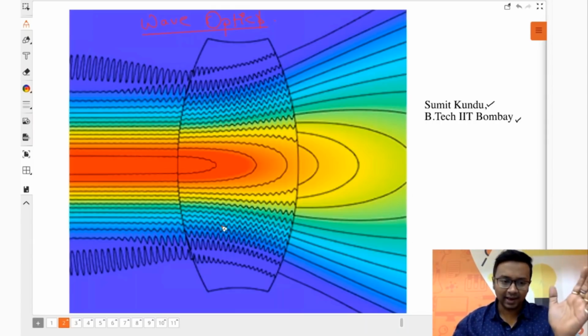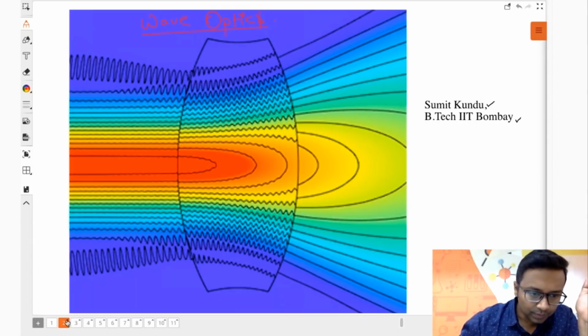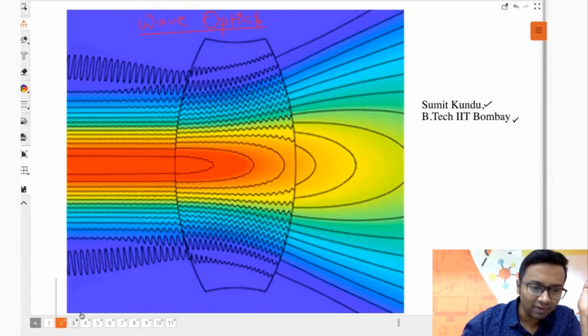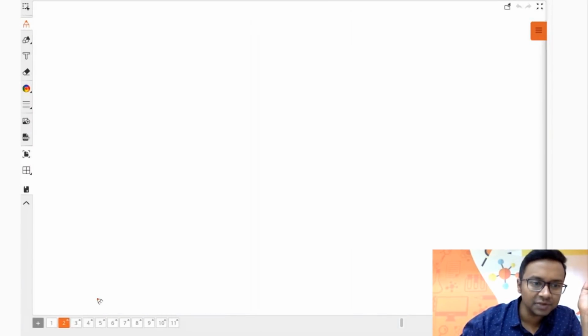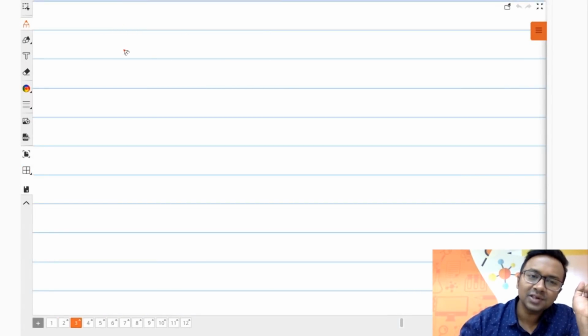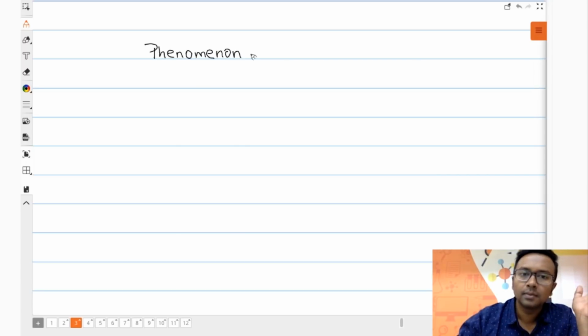Now, going ahead, there are certain phenomena of light. Let me just take a fresh page. There are certain phenomena of light that we all know, so I'm just going to write them down on the left hand side.